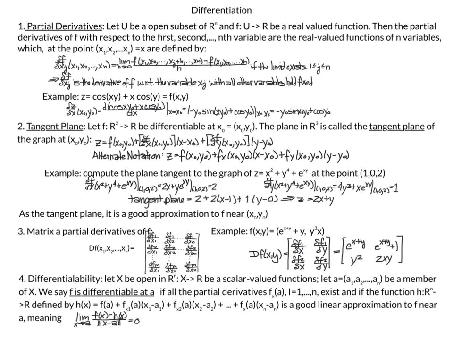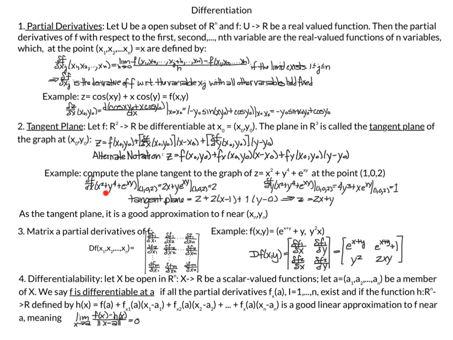So first, our f of x naught, y naught, we can plug in 1 and 0, and we get 1, we have 0, we have 1, so that's 2. That's this point here. Next, we need the partial derivative with respect to x, and then we evaluate it at (1, 0). So the partial derivative with respect to x, treating y as a constant, would give us 2x.